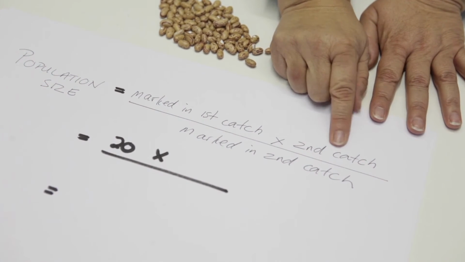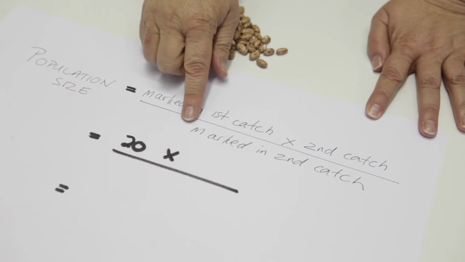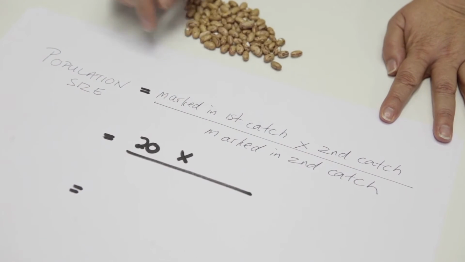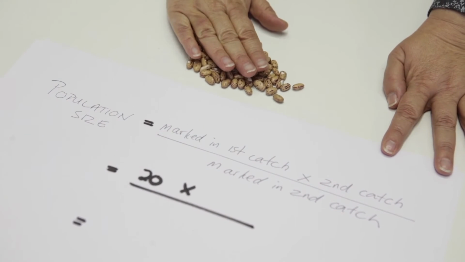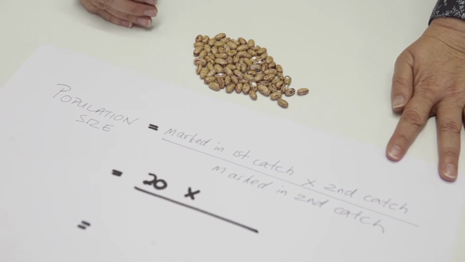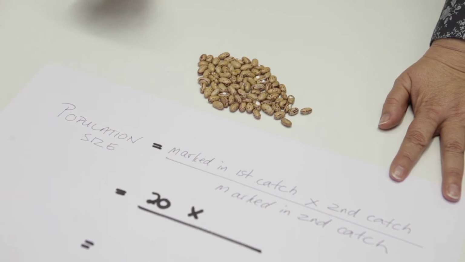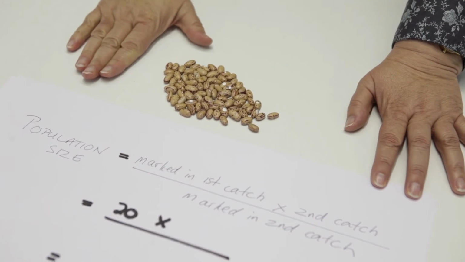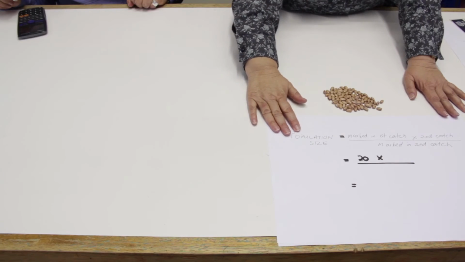And of the number in the second catch, I must count how many of those are marked. And I use this formula to estimate the size of the fish population. Obviously, the more times I do it, the more accurate or the closer to the real total my numbers will be. So let's get started.